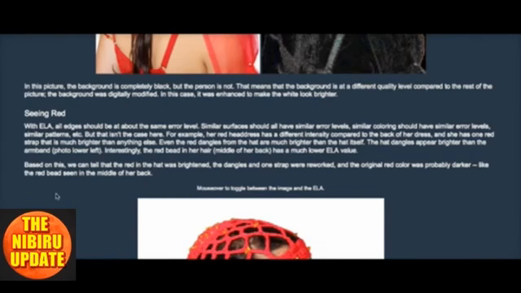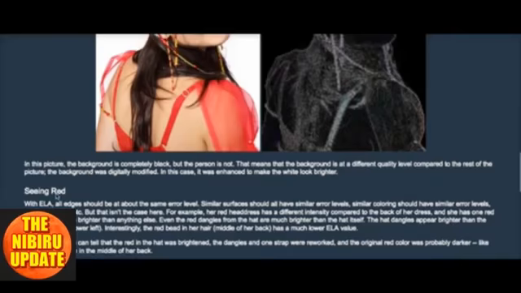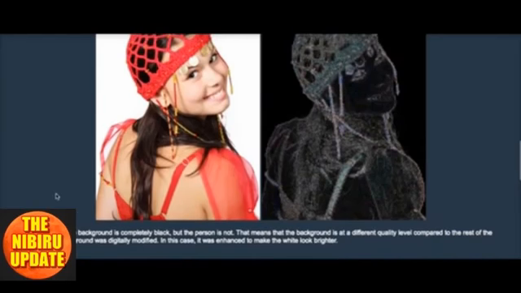Based on this, we can tell that the red in the hat was brightened, and the dangles and one strap were reworked. And the original red color was probably darker, like the red bead seen in the middle of her back. So now we kind of have a bit of an understanding as to exactly what's been enhanced and what hasn't.